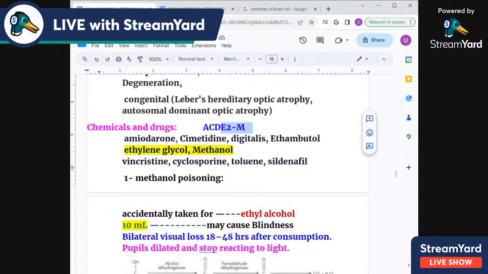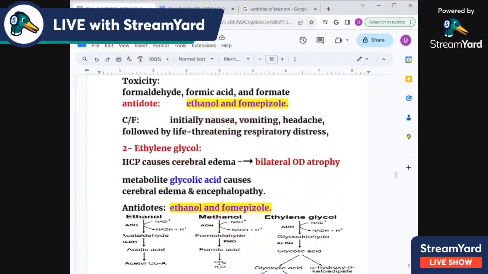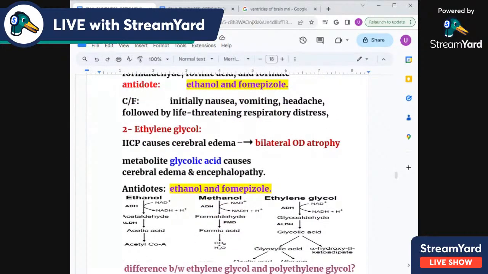So let's discuss methanol. We already discussed its toxic metabolites are formic acid and formaldehyde, and it causes bilateral blindness. Whereas ethylene glycol is used as an antifreeze and causes cerebral edema with acute bilateral visual loss.